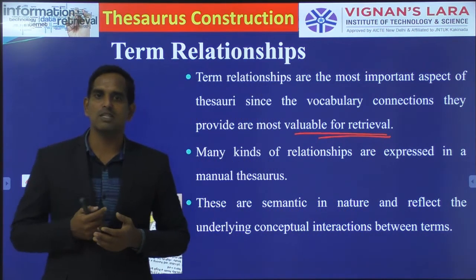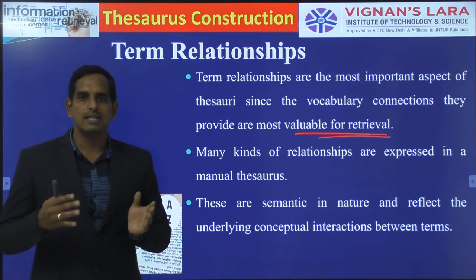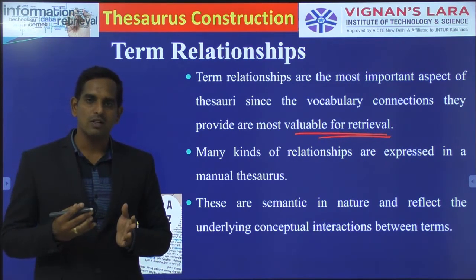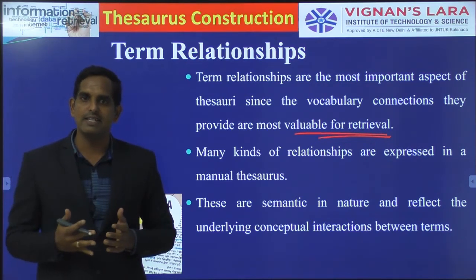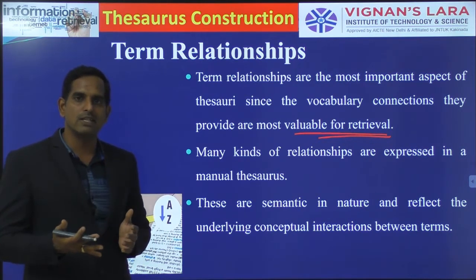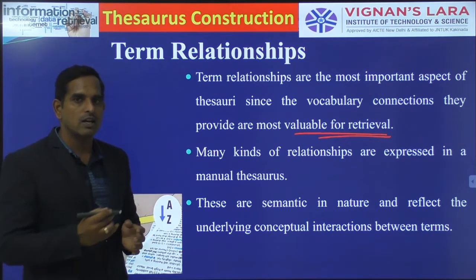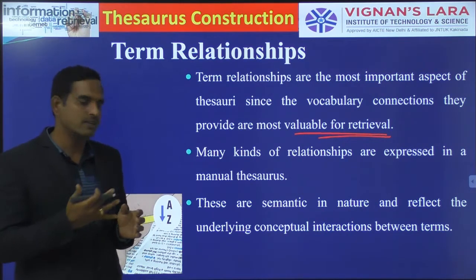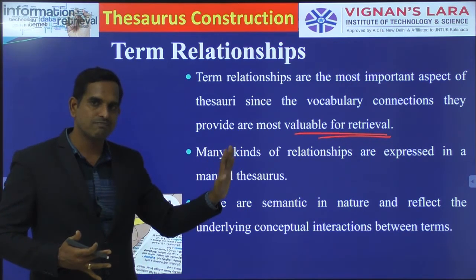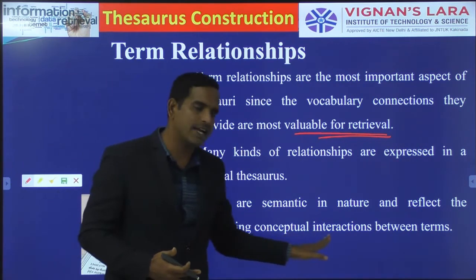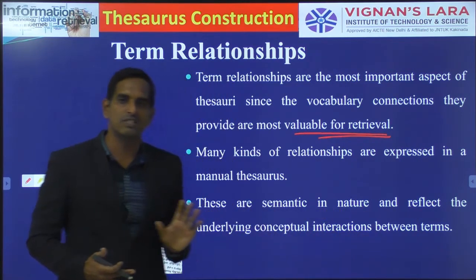So while performing manual thesaurus construction, these relationships, or more application-dependent relationships, can be found very easily. Why? Because they will be done by subject experts. So the manual relationship between the terms will be more semantic in nature. They will reflect the underlying conceptual interconnection between the terms.